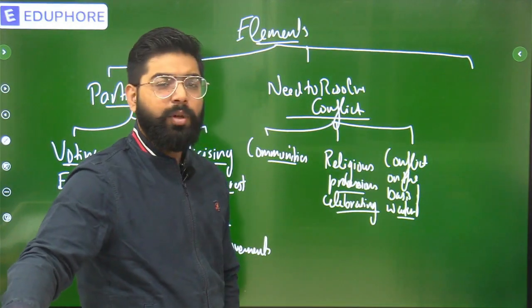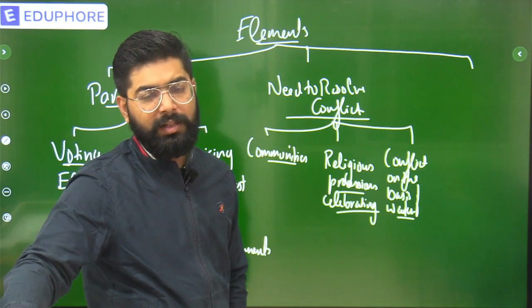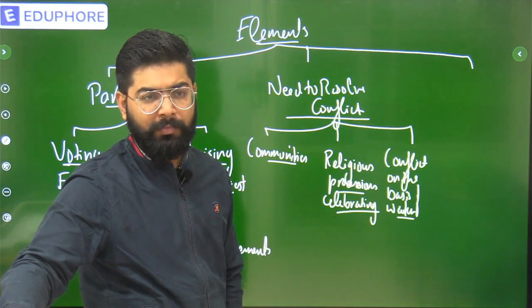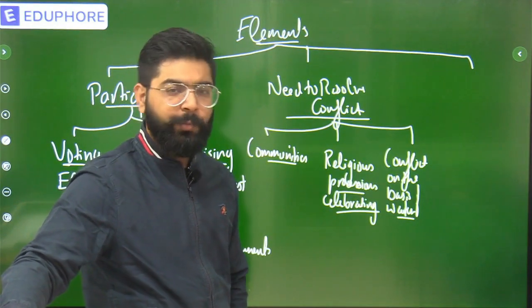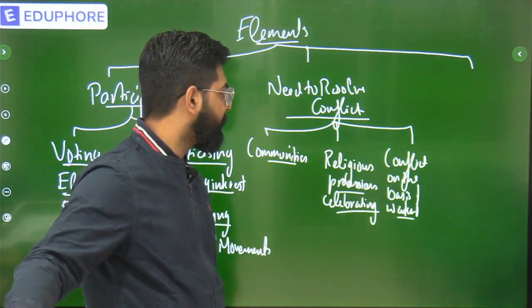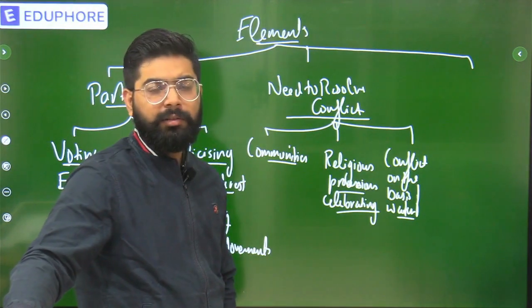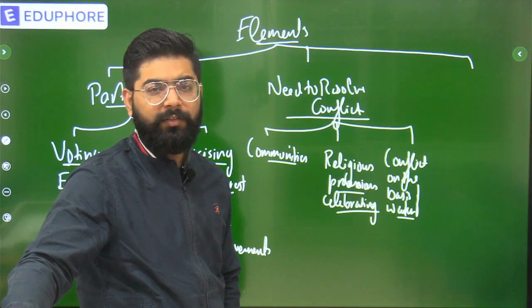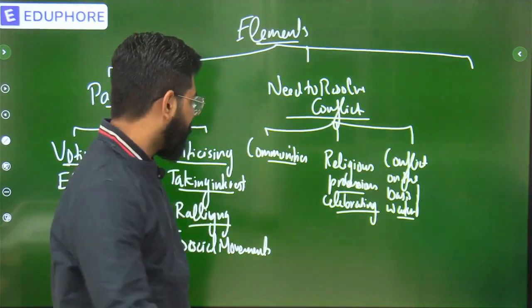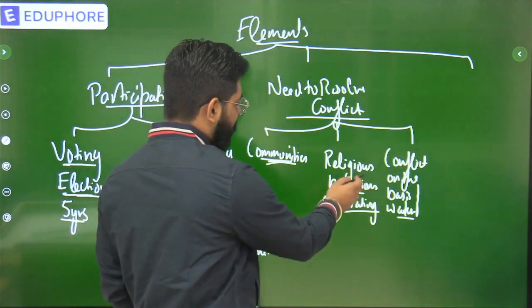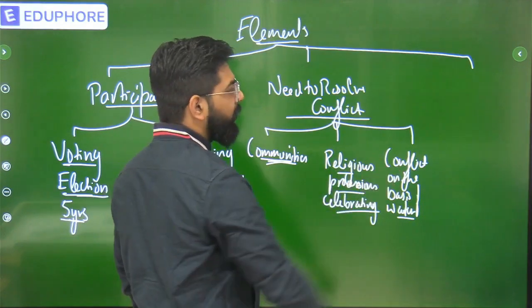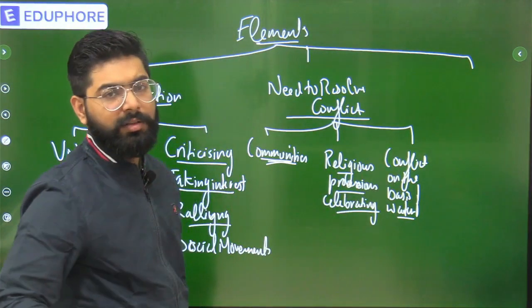What can the center do? The center can form a tribunal. However, the case is now in the Supreme Court. But yes, the center needs to resolve conflict within the states as well. This is within the communities, within the people, and within the states.